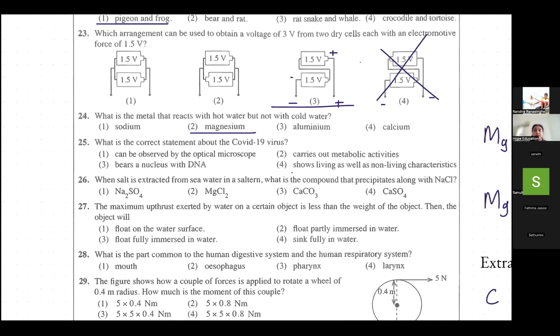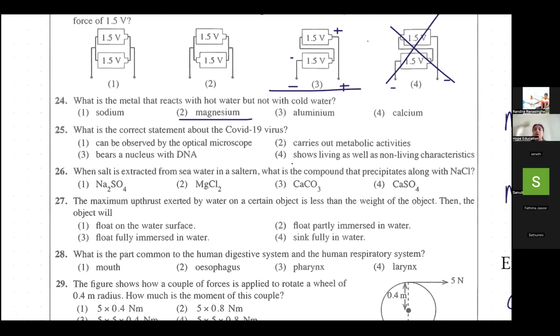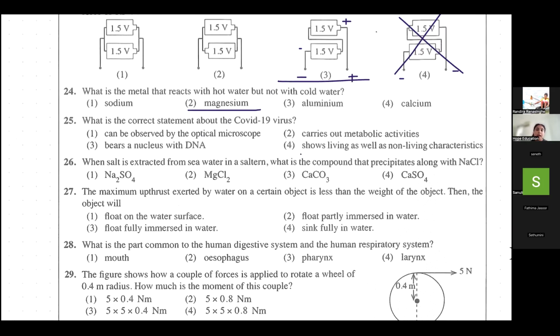What is the correct statement about the COVID-19 virus? Can be observed by the optical microscope? We cannot. An optical microscope is a light microscope, and its strength is low. Even ordinary cells can be seen with a light microscope, but organelles inside cells cannot.